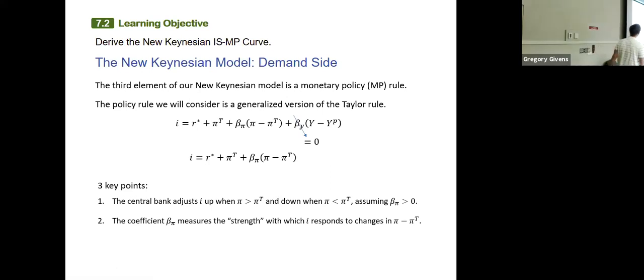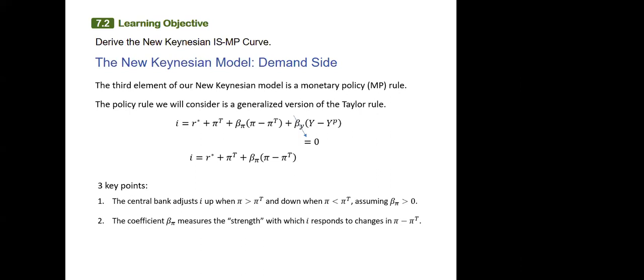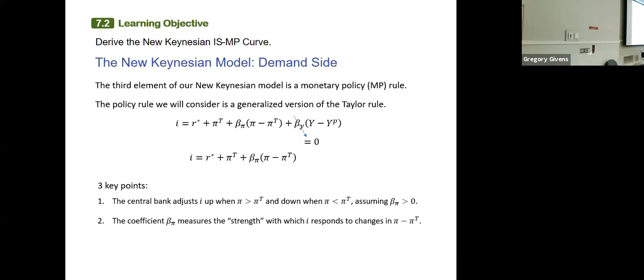Okay, so Lauren, the central bank here is going to tighten policy in the sense that it's going to raise the nominal interest rate, the variable on the left-hand side, anytime inflation pi is bigger than target inflation, right? So if inflation is bigger than target inflation, that means the inflation gap is positive. The interest rate setting is going to be beta pi times that inflation gap number.